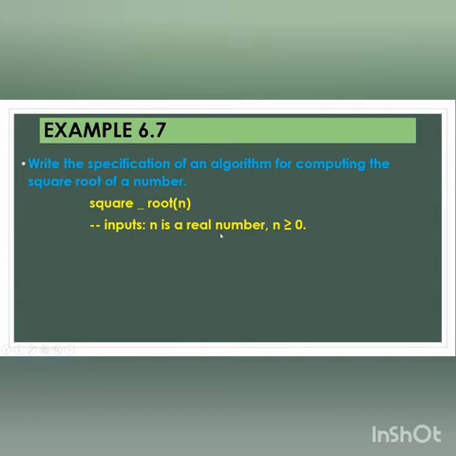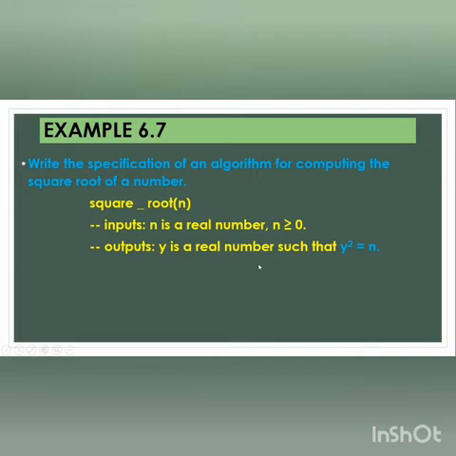Now, we are going to write the output property. So, double dash outputs colon y is a real number. If n is a real number, that is, the input is a real number, then the output is also a real number. So, y is a real number such that y square is equal to n. Here, the input property is n is a real number and the output property is y is a real number.